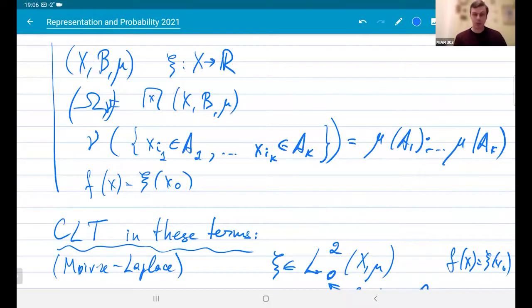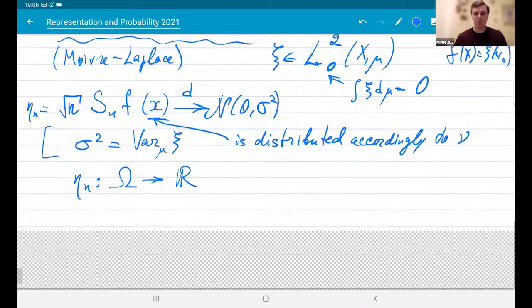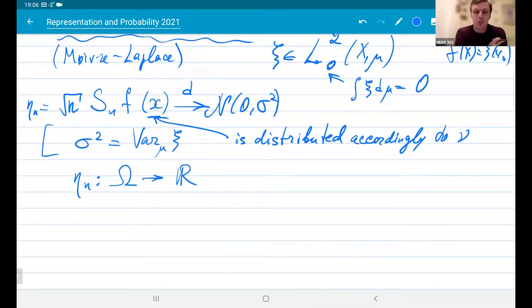Its distribution is such that all components are independent and each of them has distribution μ. This may seem a bit weird, but we can do it like this.